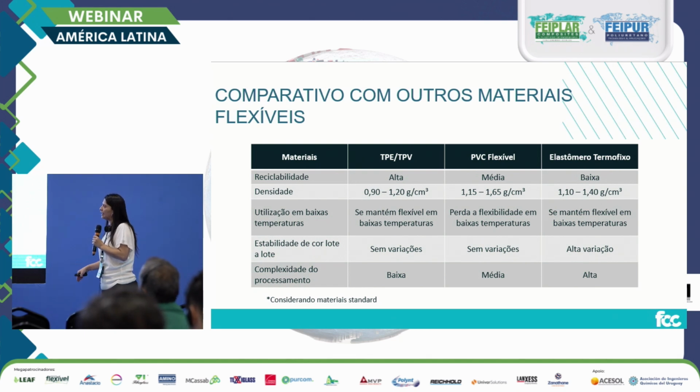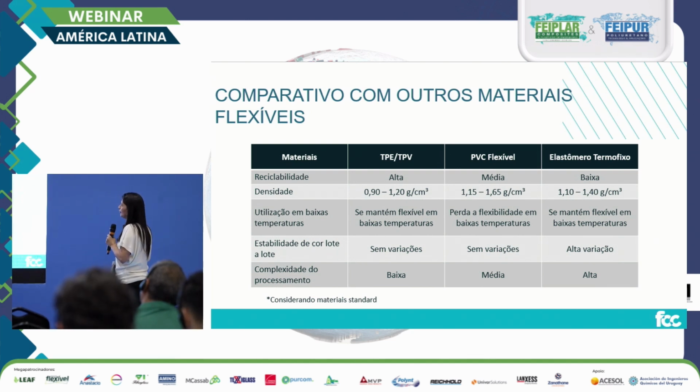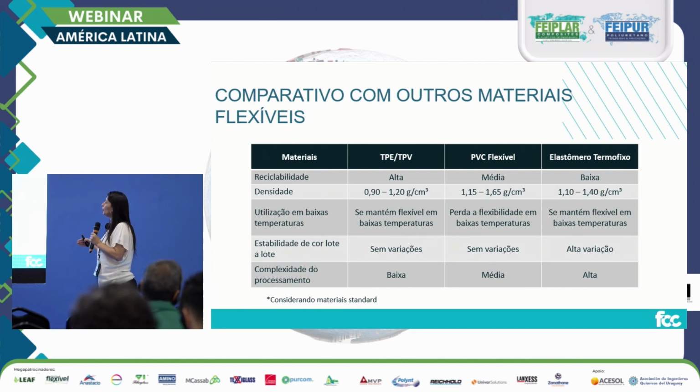When we compare density, we have 0.90 to 1.20, and when we talk about flexible PVC, we have 1.15 to 1.65 grams per cubic centimeter, so that's a considerable difference. And thermoset goes from 1.10 to 1.40.